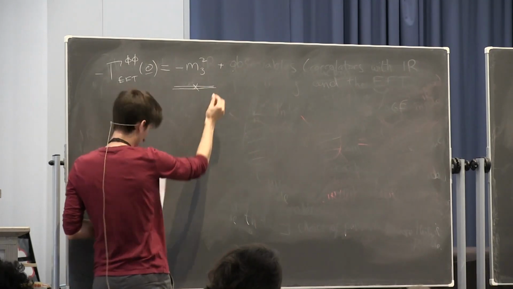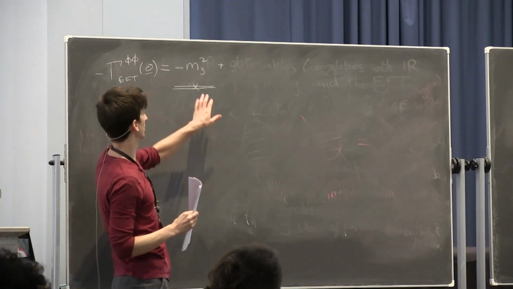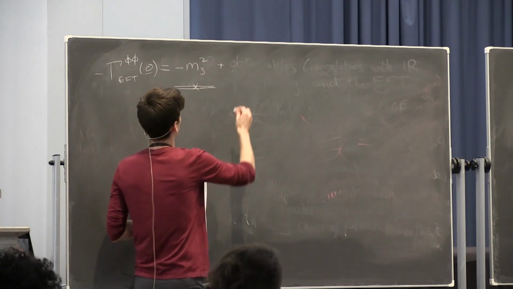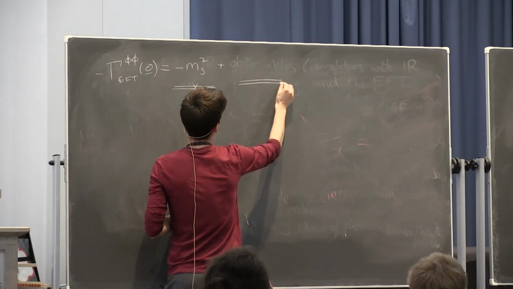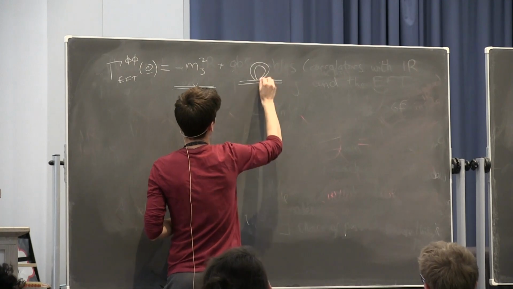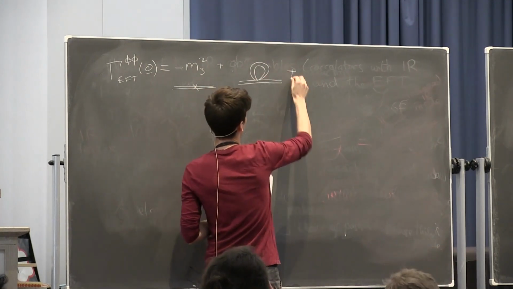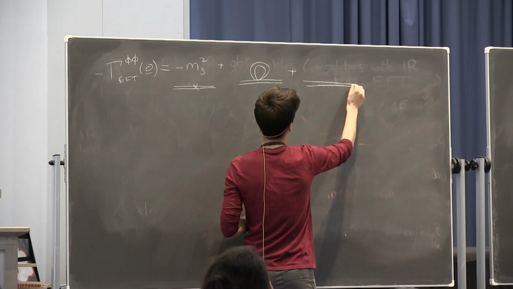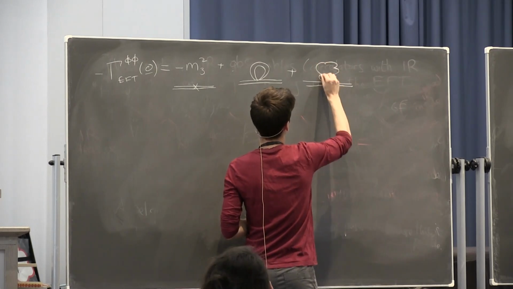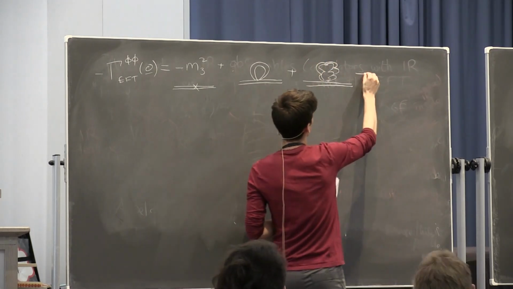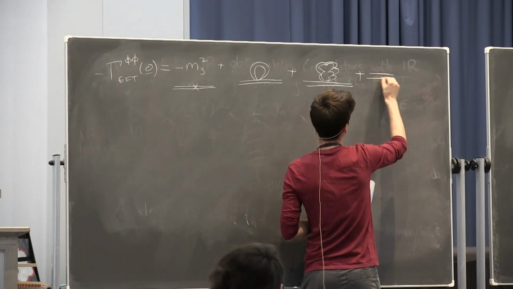Let's use double lines to highlight that these are resummed lines. Then I have a Higgs loop. The Higgs couples to the gauge field. I can have a gauge loop. And then I can have the different shape of loop.